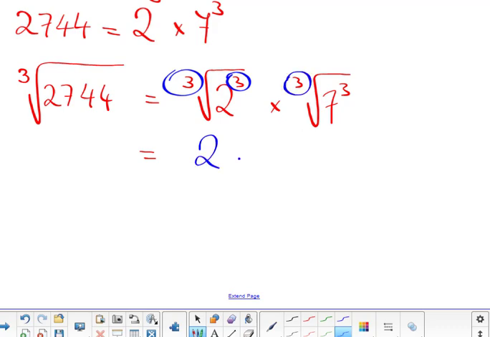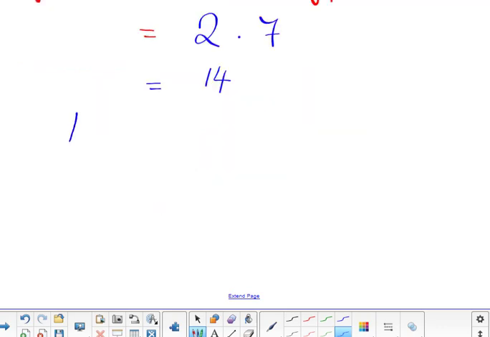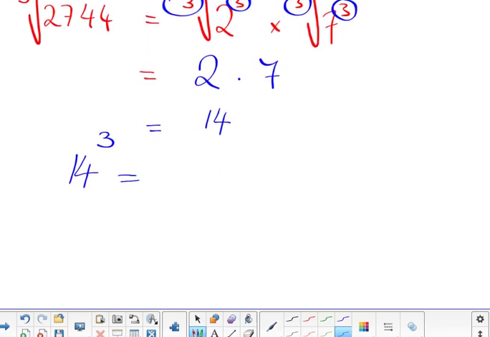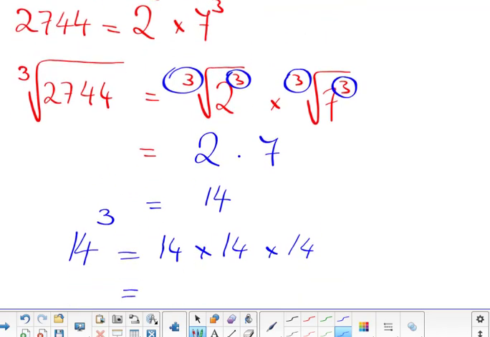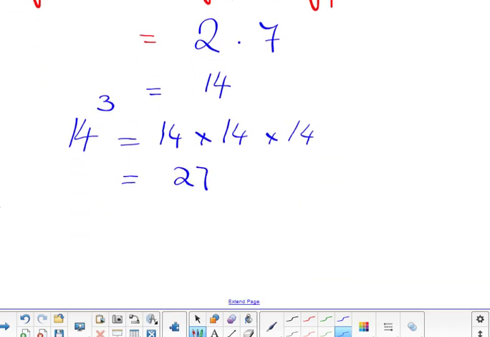And then we've got the cubic root of 7 to the power of 3, which is equal to 7. And so 2 times 7 is equal to 14. Now, you can check it out. 14 to the power of 3, which is 14 times 14 times 14. You'll find that indeed it's equal to 2,744.